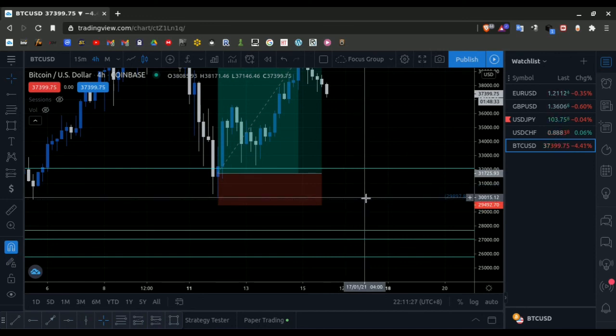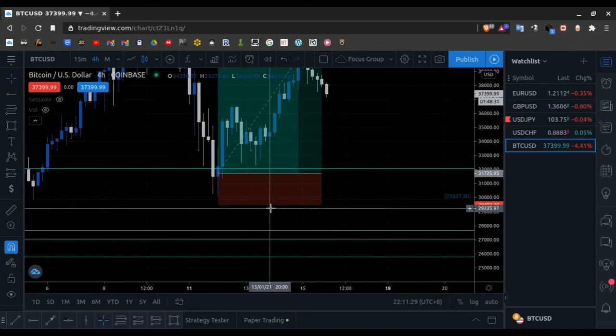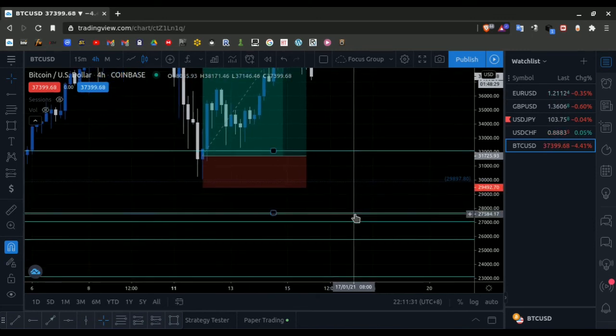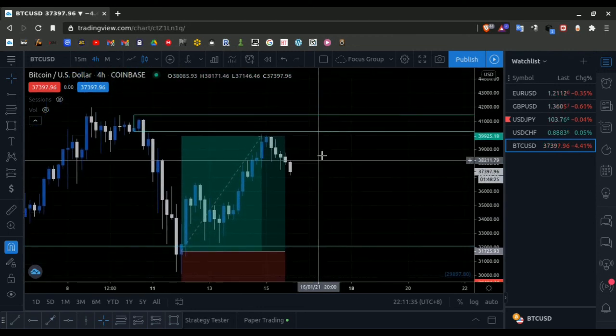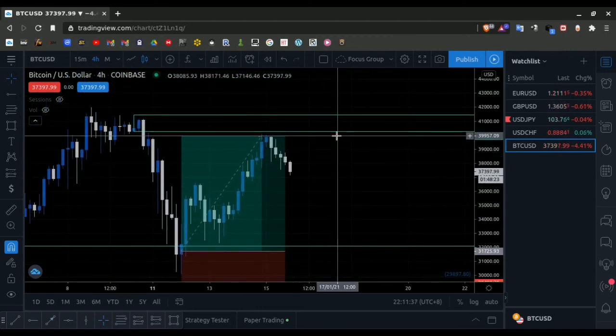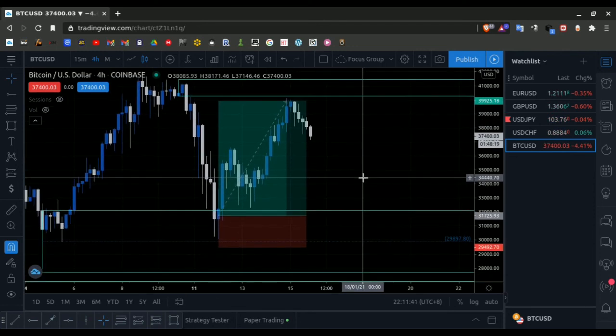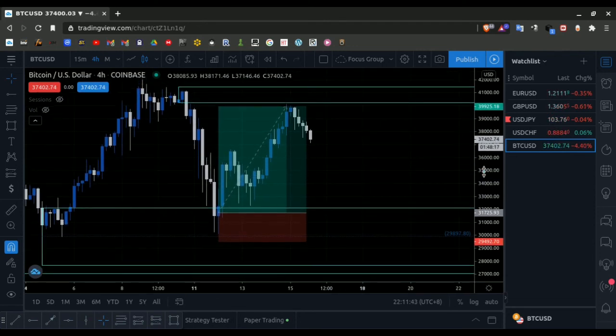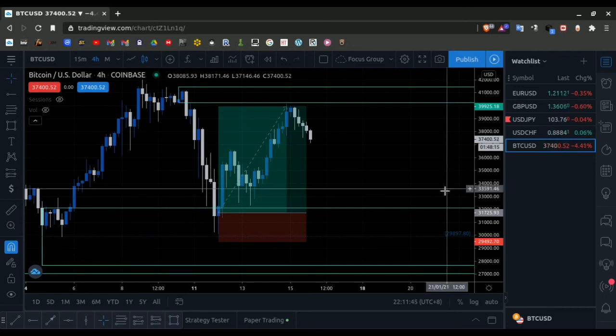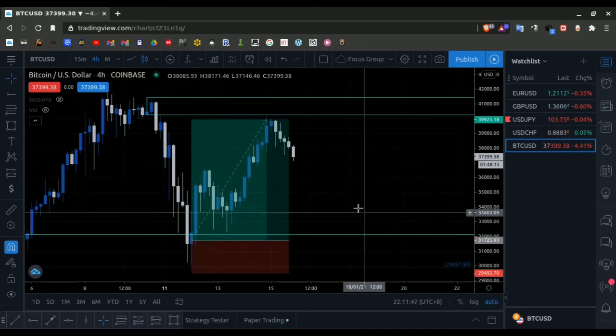The same way you do that with your limit order, also do it with your stop loss. Don't place your stop loss right at the base, place it a few pips below, and place your take profit a few pips before the actual level. Doing this will help you get in and out of trades a lot more efficiently and more consistently.